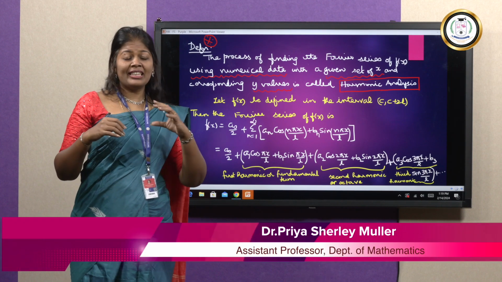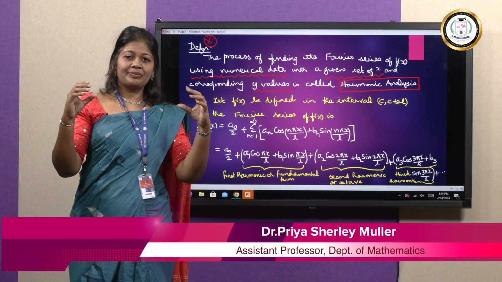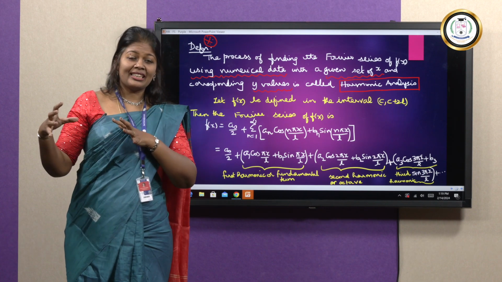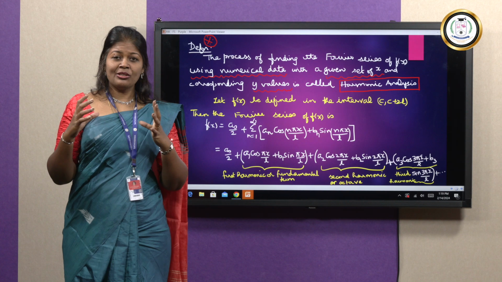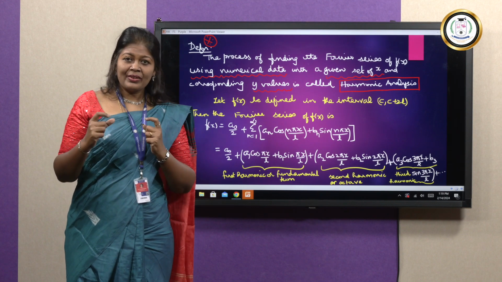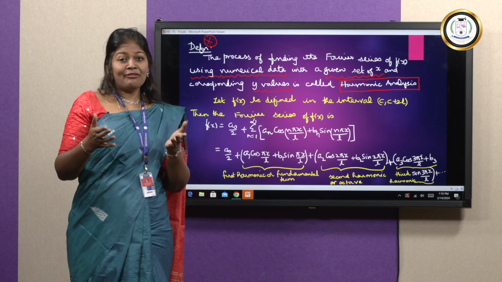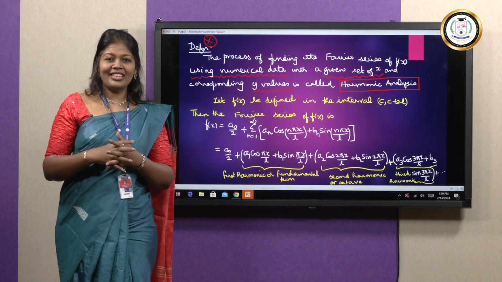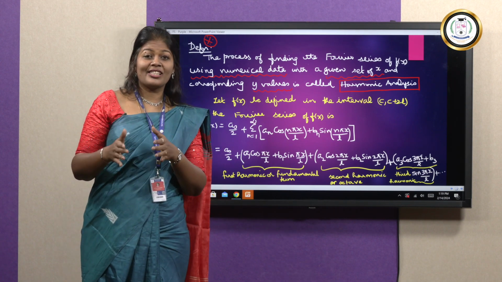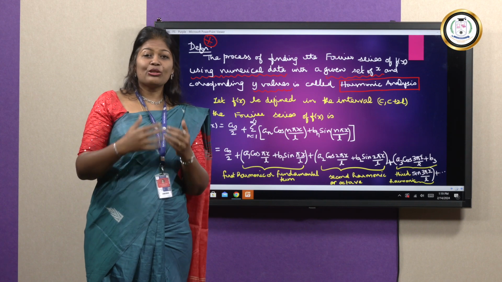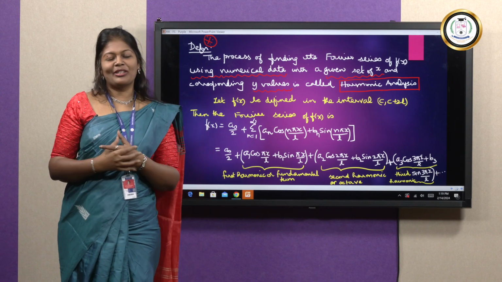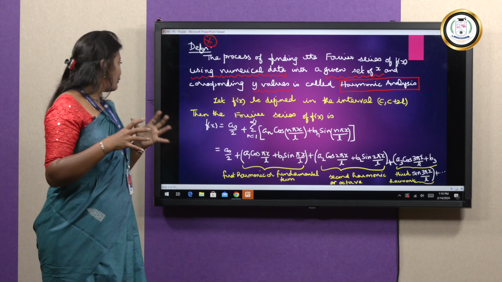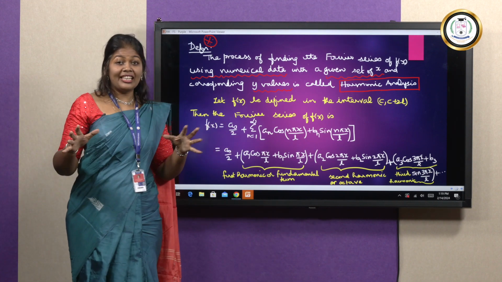For example, at x equal to 0, y is 1, at x equal to 1, y is 2, something like that. Using this data, you can find the Fourier series, and that process is harmonic analysis.